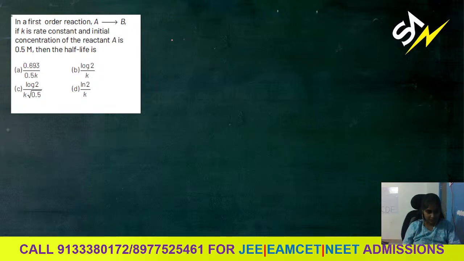So for a rate constant, we are taking the rate constant as K. So what is the equation? 2.303 by T log of A by A minus X. So what is given in the question?